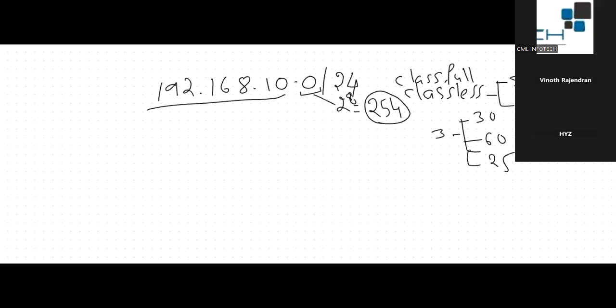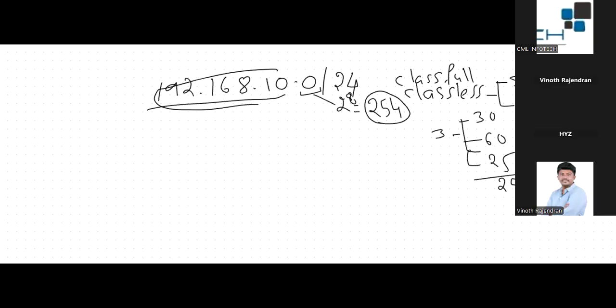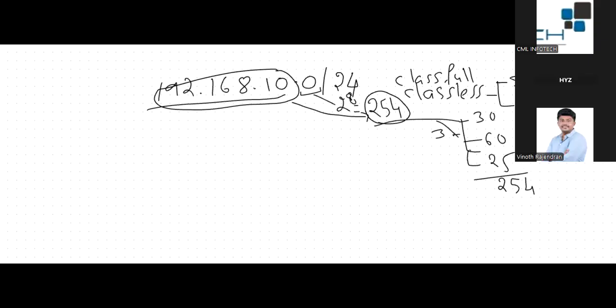So when all the numbers are counted together and the total is less than 254, it means that by having your single 192.168.10 network with 254 IPs, you can even divide it into 3 different categories. So we are going to learn how we can do this.